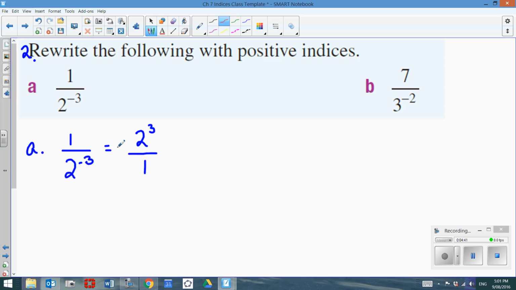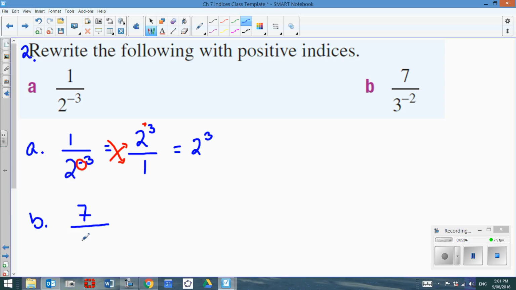Two things just happened: I switched numerator to denominator, and my negative turned into a positive. Let's clean this up a little. 2 cubed divided by 1 is really just 2 cubed, so I don't need to keep that 1 as a denominator. We assume the 1 is our denominator.